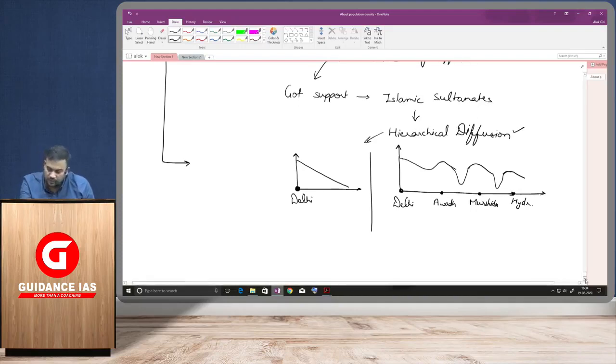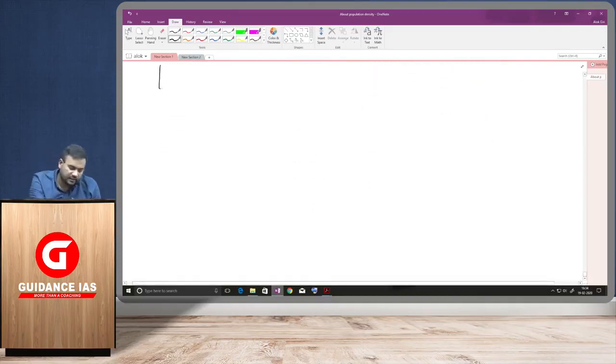So if we look at Islam, we are saying that Islam has three main types of areas. One, the area of historical arrival, and clearly it is the Malabar coast.